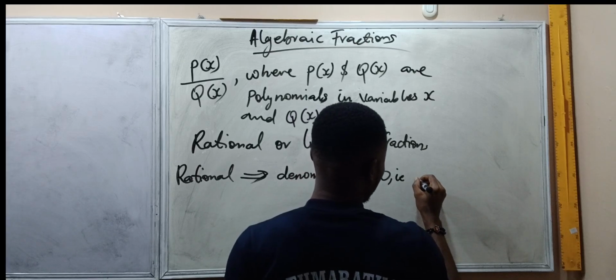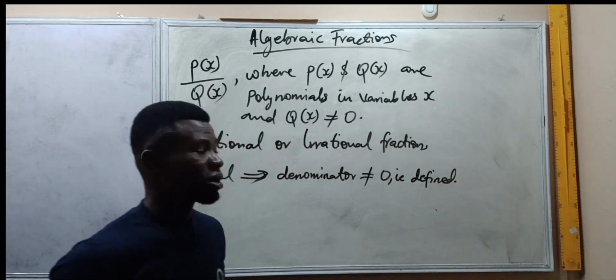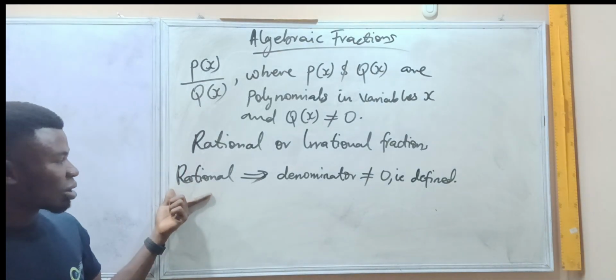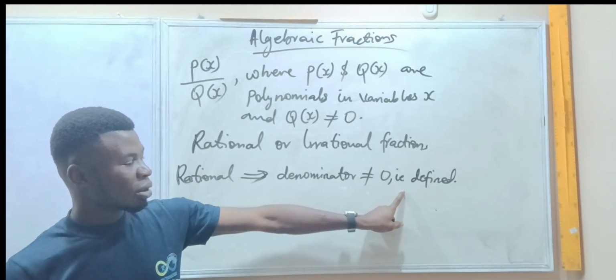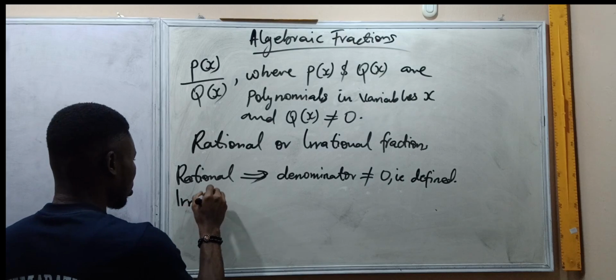I would say it is what? Defined. It is defined. It is rational. When you say it is a rational fraction, it implies that the denominator is not equal to 0, and we now say that it is what? Defined.